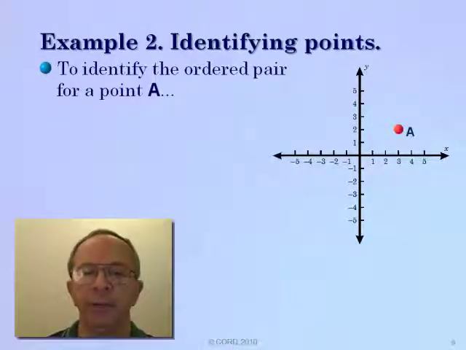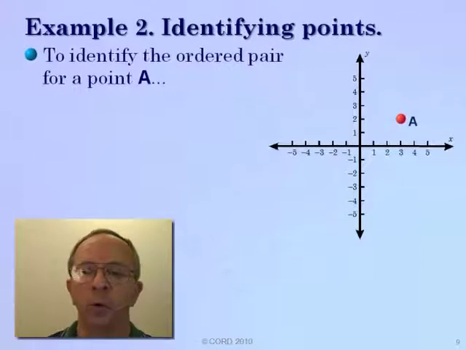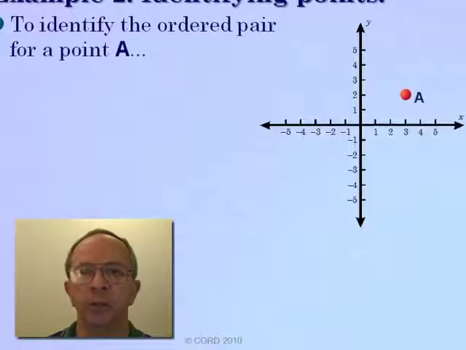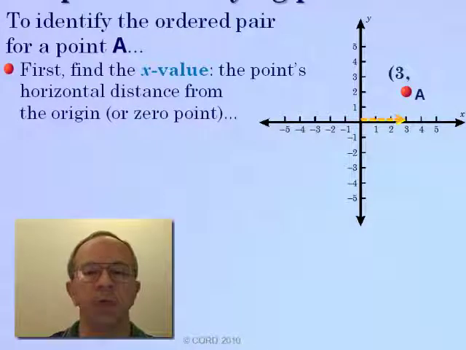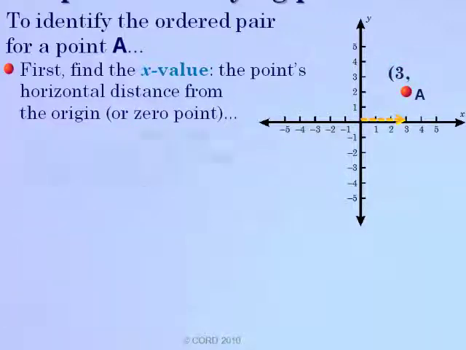Example 2 asks you to identify an ordered pair for a point A that's out there on the Cartesian coordinate system. So first find the x value by finding out how far A is over from the y-axis. How far over did you have to go? In this case we went 3, and so the first part of our ordered pair is 3. That will be the x value.